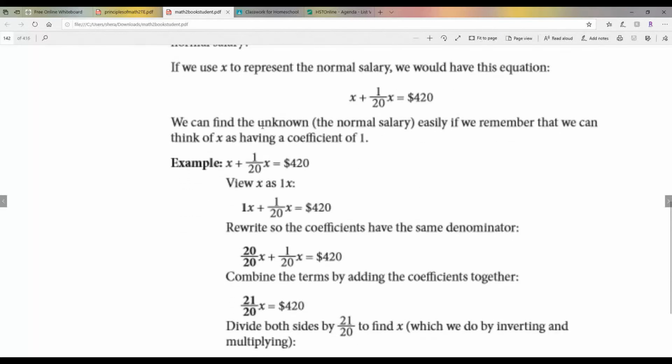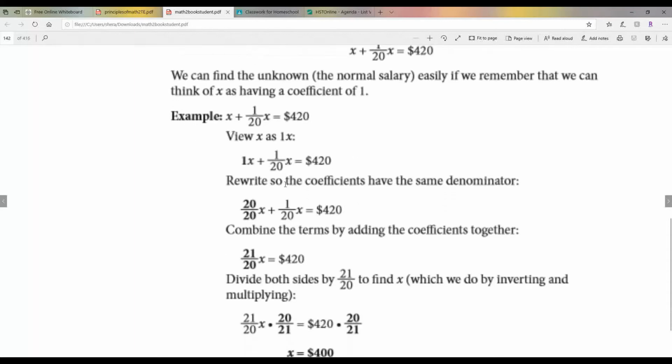So we can find the unknown, the normal salary, easily if you can remember what we can think of x as having right here, the coefficient of 1. So you're going to view this as 1x. So 1x plus 1/20x equals 420. Now we're going to rewrite so the coefficients have the same denominator. So we have to give this denominator of 20, which makes it 20/20. Okay, so then you're going to combine like terms. 20 plus 1 is 21/20ths x equals 420.